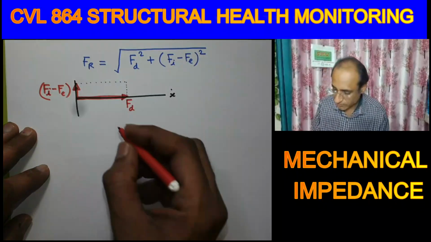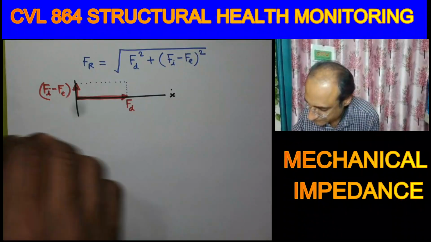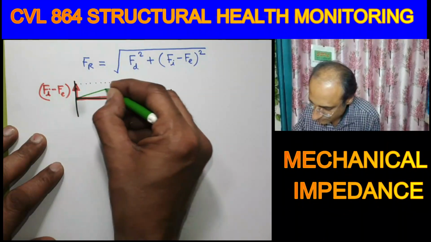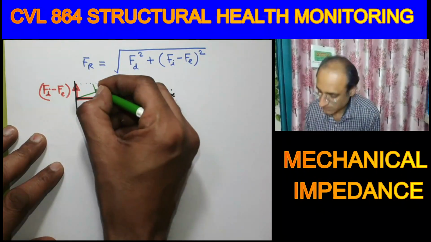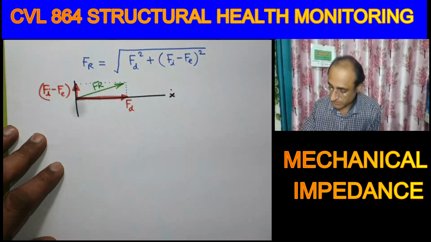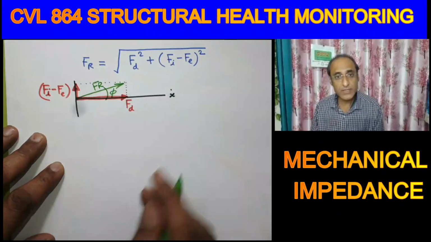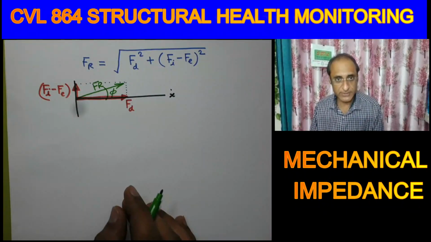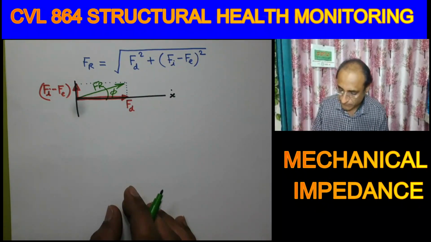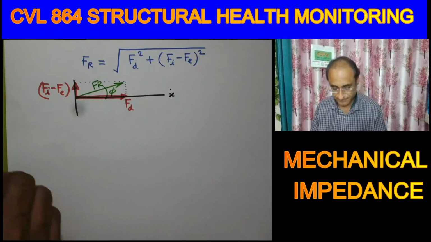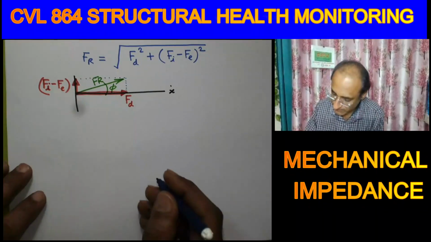Okay, so this is now the resultant. And this will be at an angle phi with the velocity. So can you find an expression for this? What will be the expression Fr?